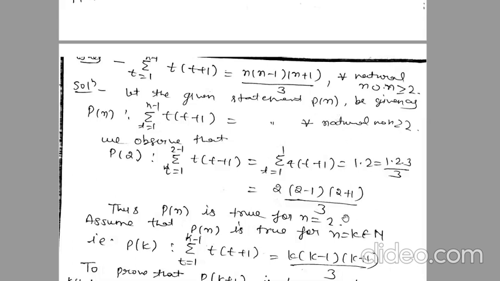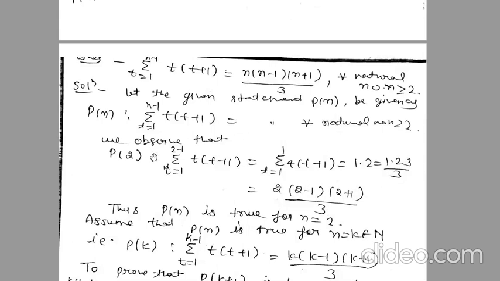Now basically we have to write this term in the form of our given statement. So we can write 1 into 2 multiplied by 3 divided by 3. Here 1 you can write as 2 minus 1, and 3 you can write as 2 plus 1, and 2 as it is, upon 3. Just look here and try to understand what we are doing.